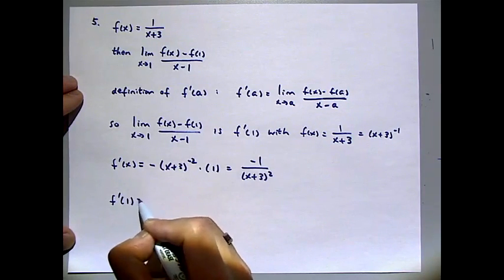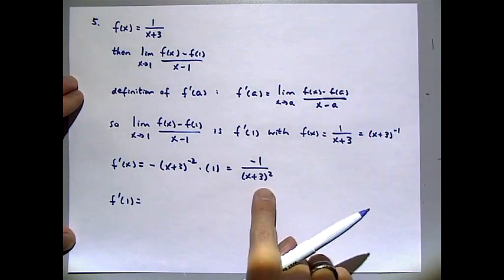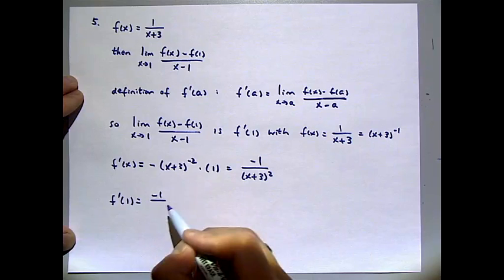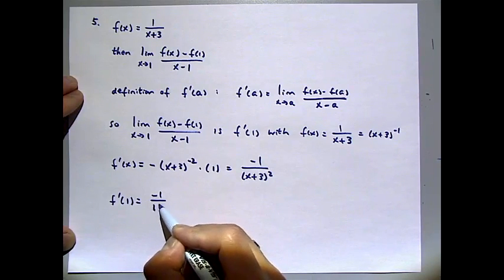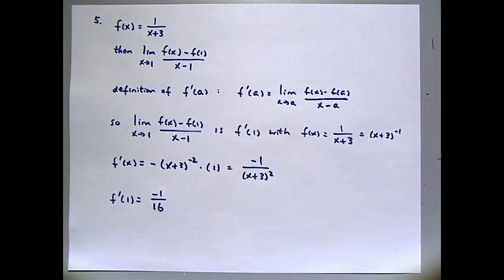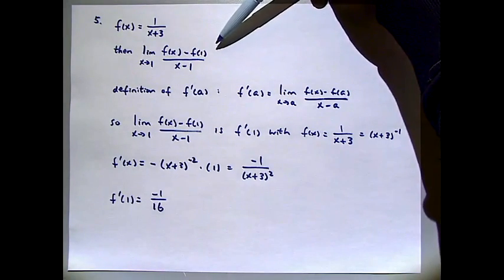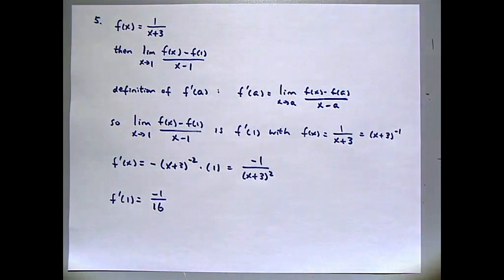So now when we're plugging a 1 in here, we get minus 1 over 16. All right, so that should be the limit. Any question on this one?